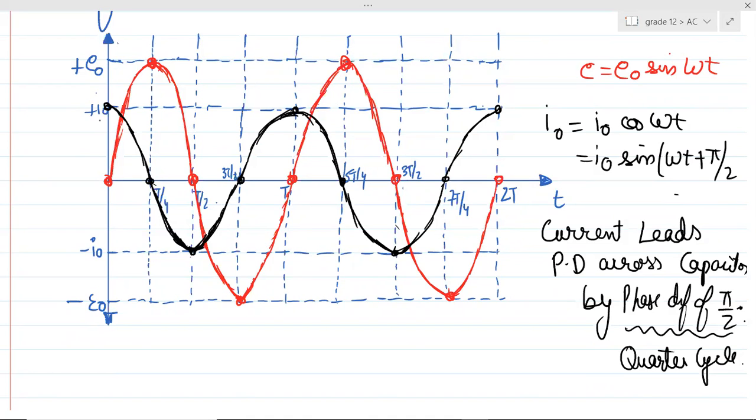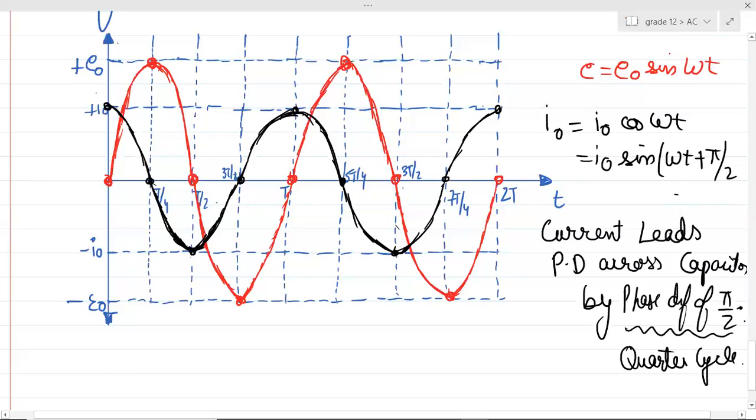Make the diagram very carefully, okay? Guys, are you done? Yes, sir. Now look, how to identify directly whether this is the graph of a capacitor, or how to read this graph.